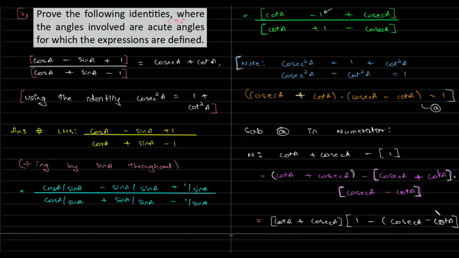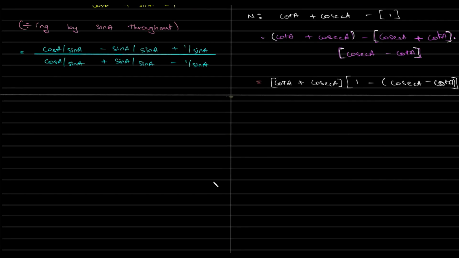Okay, so we just did the math. So if you look at it, we want cot A plus cosec A, we got that. And this somehow we have to eliminate. Well, if you look at the denominator, it might be the same. So let me solve it a bit more.